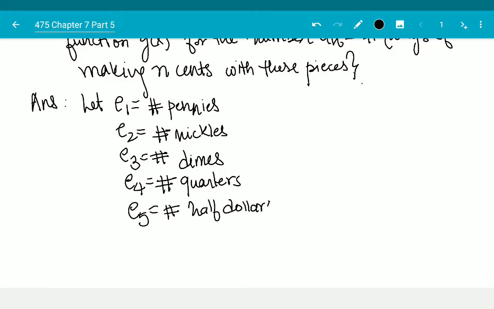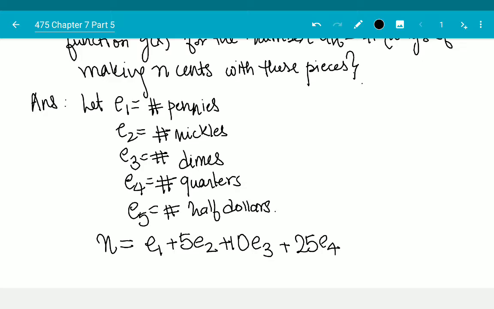Then what I want is to solve for n equal to E1 plus 5 E2 plus 10 E3 plus 25 E4 plus 50 E5.